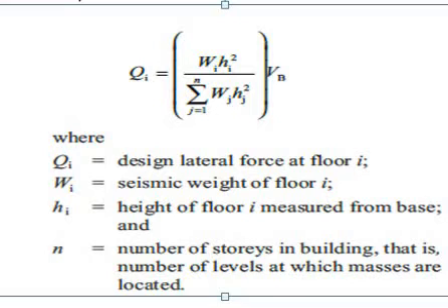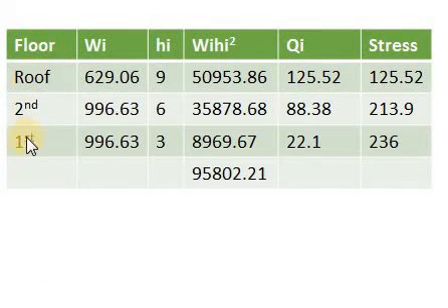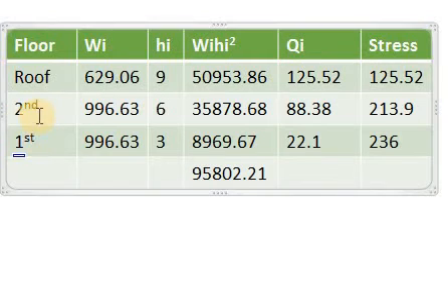Now we make a table for calculation of the design lateral force. These are our floors: floor 1, floor 2 and the roof. Wi is the weight of the first floor, this is the second floor and the roof.